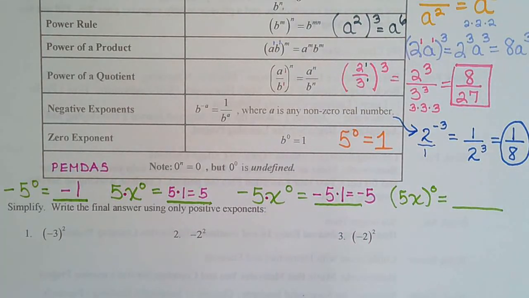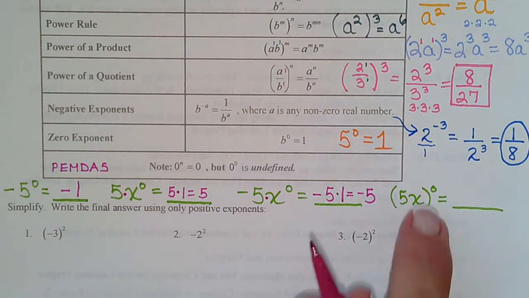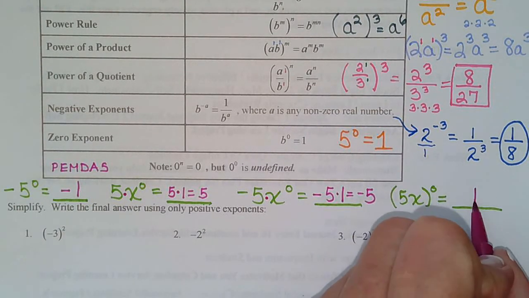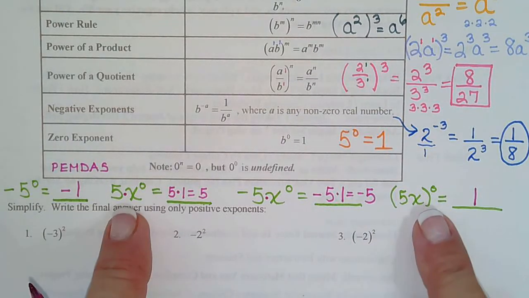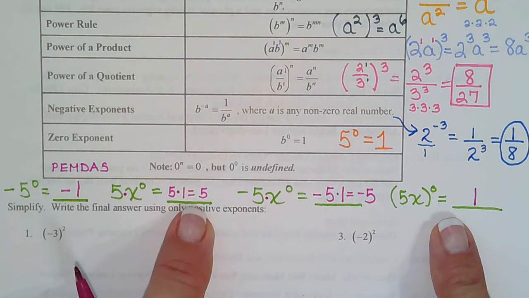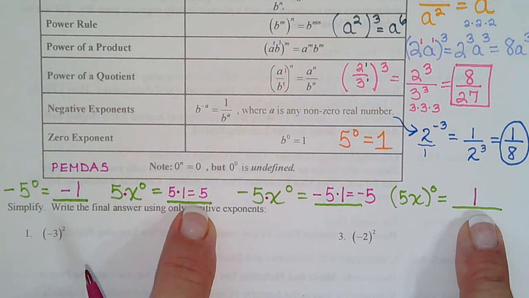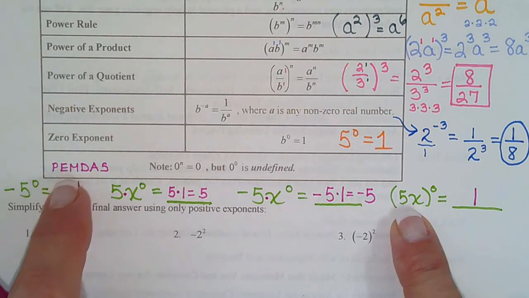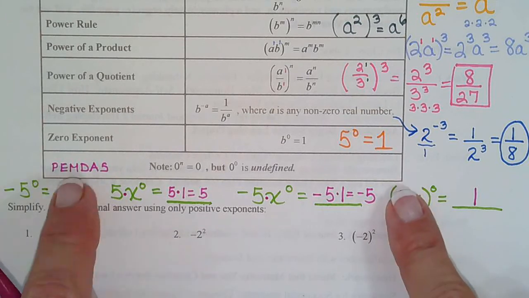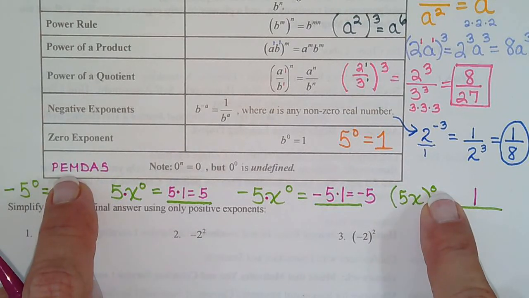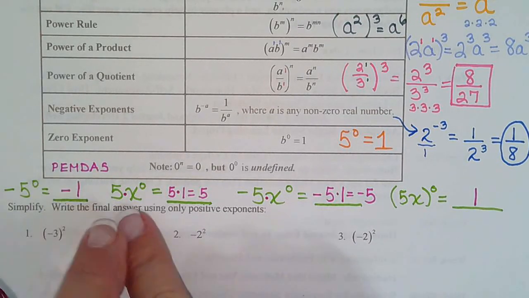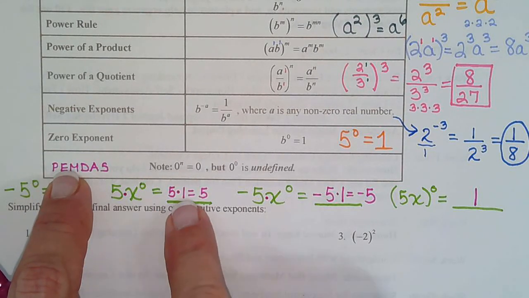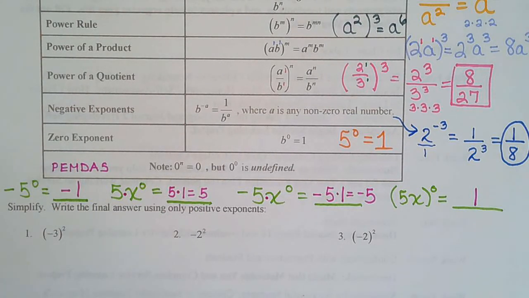Did everybody get that right? And this, anything to the 0th is 1. So because of the parentheses, look at the difference in the answer here. One came out 5, one came out 1. Why? Because parentheses trump exponents. So this means take the parentheses, raise it all to the 0th power, we get 1. Where here there's no parentheses, so we have to do exponents first, get that 1, and then multiply it by 5.